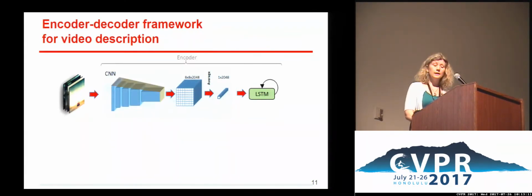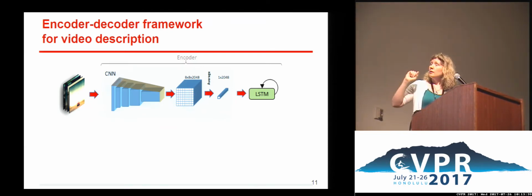Okay, so just very quickly how this works. The base model we're using is this encoder-decoder network, which takes video frames, applies a CNN to compute convolutional features, which you see here, an 8 by 8 by 248 grid of convolutional features. This is for one frame of the video.